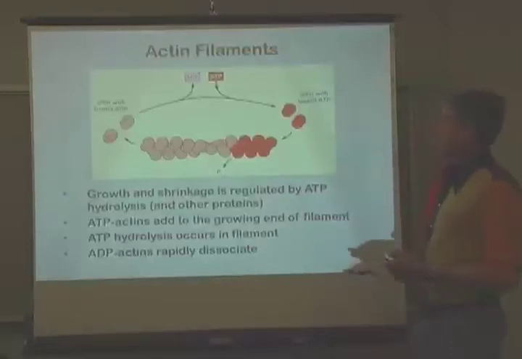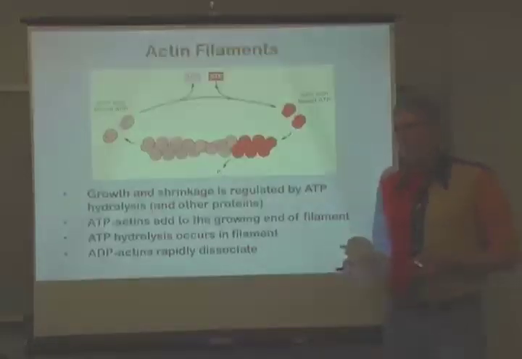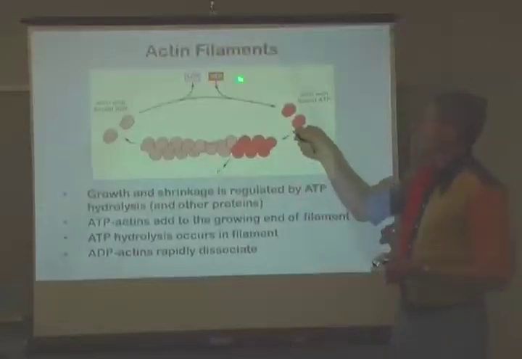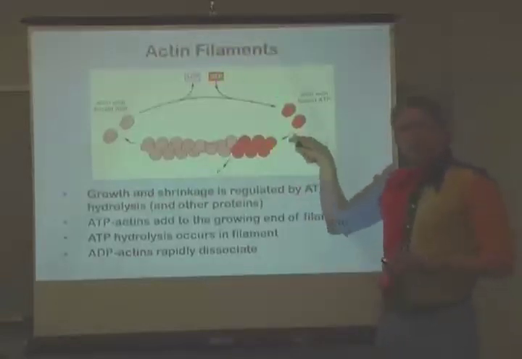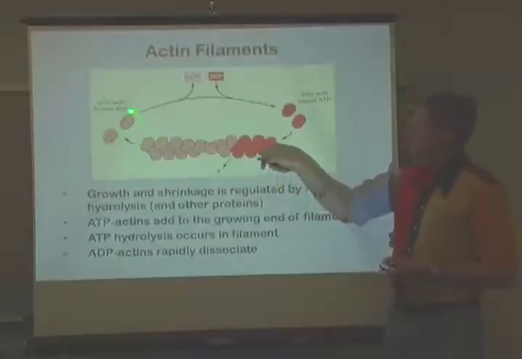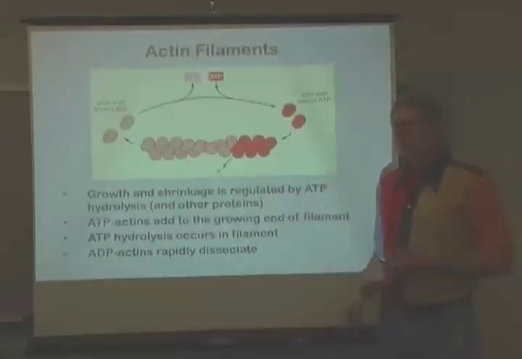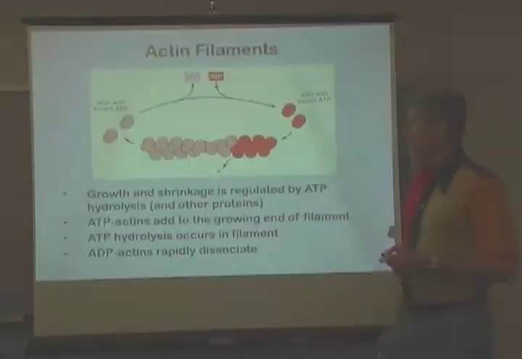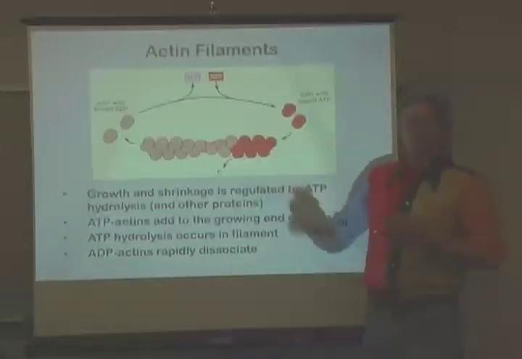So here's an actin filament. It's composed of subunits. In general, the subunits that are bound to ATP add to the growing end, and those that are bound to ADP dissociate more easily. ATP hydrolysis occurs right in the little subunits.